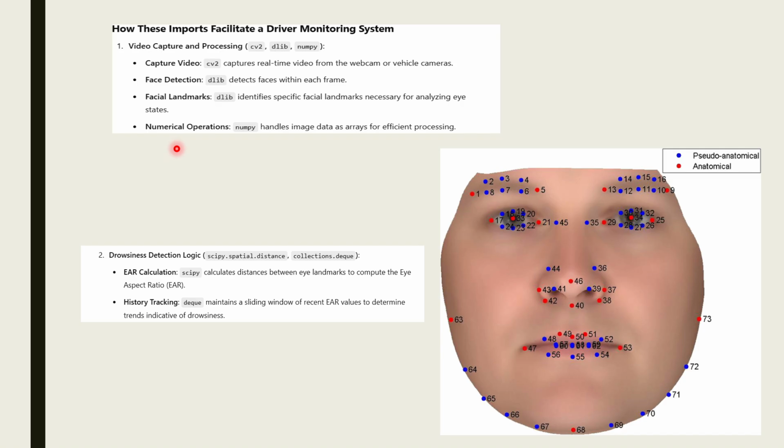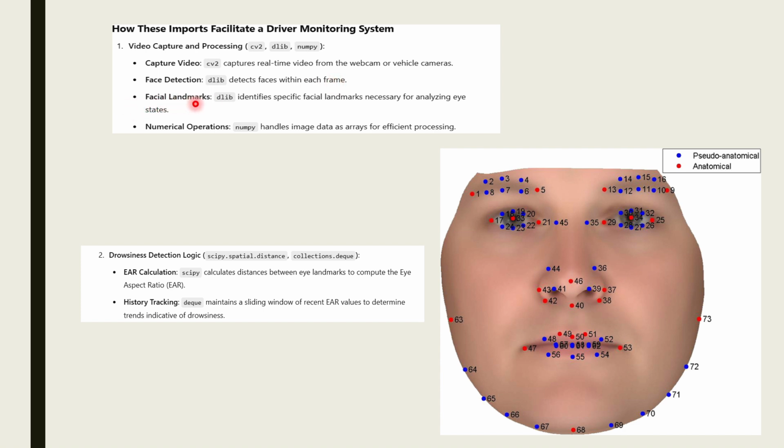Now let's understand how these imported libraries are going to help us. Like I said, we have used OpenCV (cv2) to capture the live frame-by-frame information from the webcam. Now how do we detect the face in the frame? We detect the face using Dlib, which detects the face in each frame.